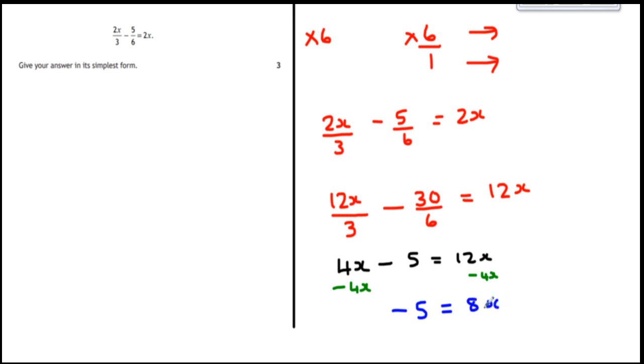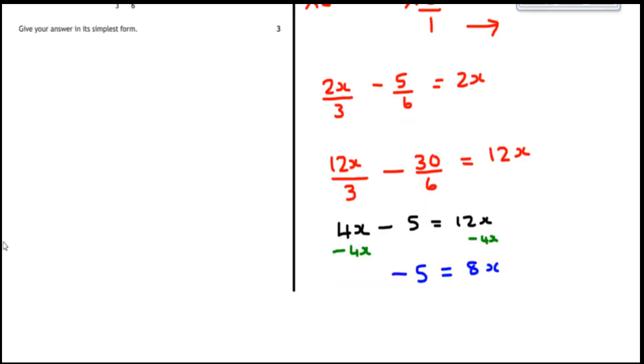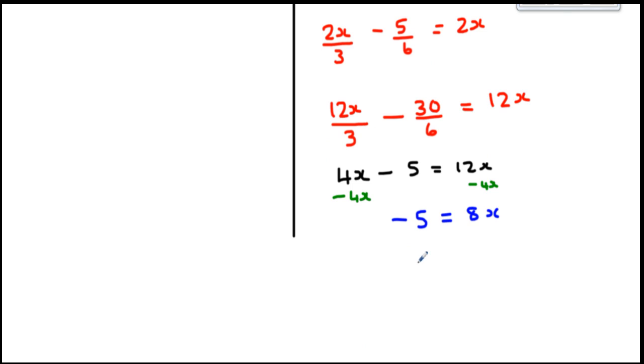If I read that round the other way, 8x is equal to minus 5, so x is equal to minus 5 over 8. And that's my answer, double underlined.